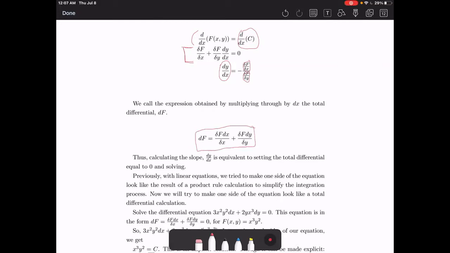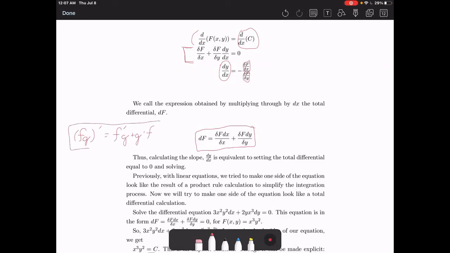Now, the reason we've done this is for similar reasons as in the last video, when we were talking about the product rule. The product rule was an equation that told us something about a derivative, which is exactly what we're talking about with differential equations. F prime g plus g prime f.